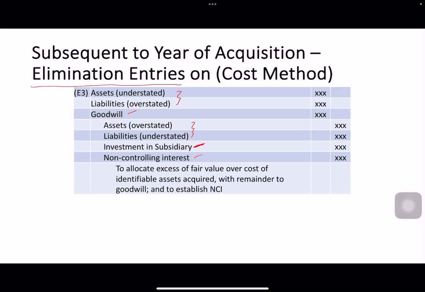And so every time the parent has to consolidate, the parent needs to eliminate investment in subsidiary. Moreover, every time the parent has to consolidate, the parent needs to establish goodwill and NCI because these cannot be found in the separate books of the parent nor the subsidiaries. These can only be found in the consolidated balance sheet.